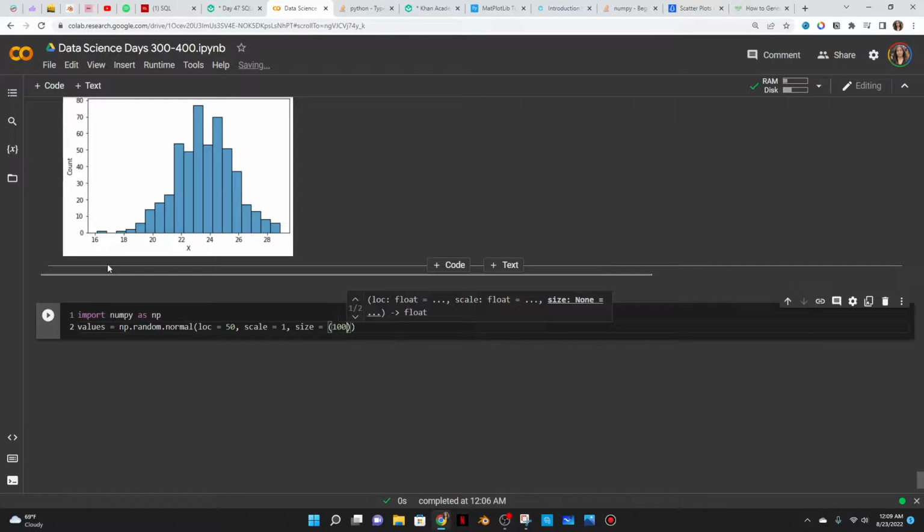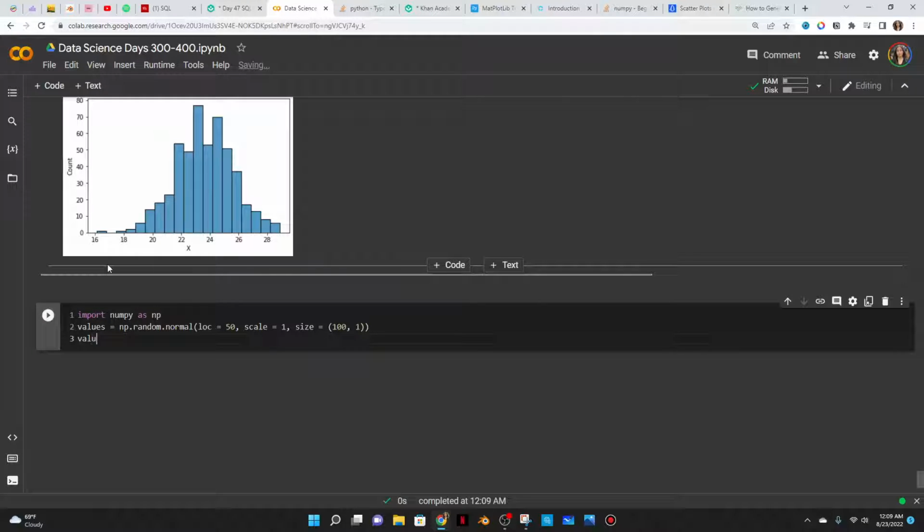Actually, let's just do 100 values, one column. And then if I run that, that's going to end up looking something like this. Oops. Why does it keep doing that?